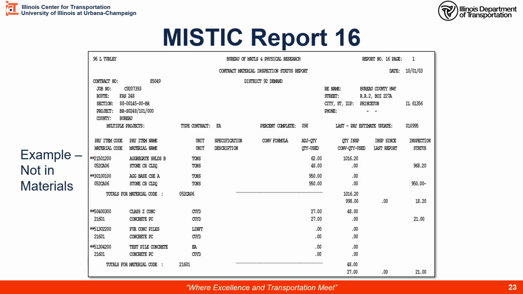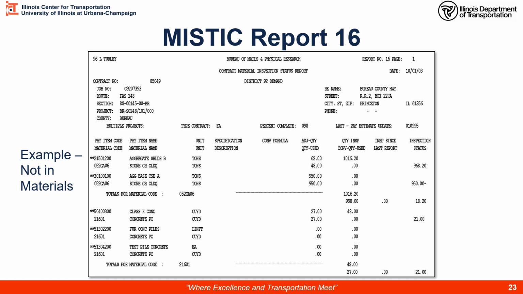Here's an example of the Mystic 16, or Mystic Report 16, from our district personnel. You typically won't see this report until near the end of your project. However, it does include by pay item what types of materials and quantities you have submitted inspection for.